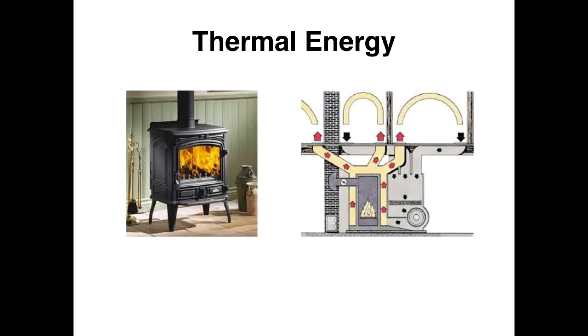The colder air at the same time comes back down into the lower part of the house and is sucked into the furnace or into the heater or into the stove and is reheated, and then it moves back up in a circular motion, and you can see this on the right.